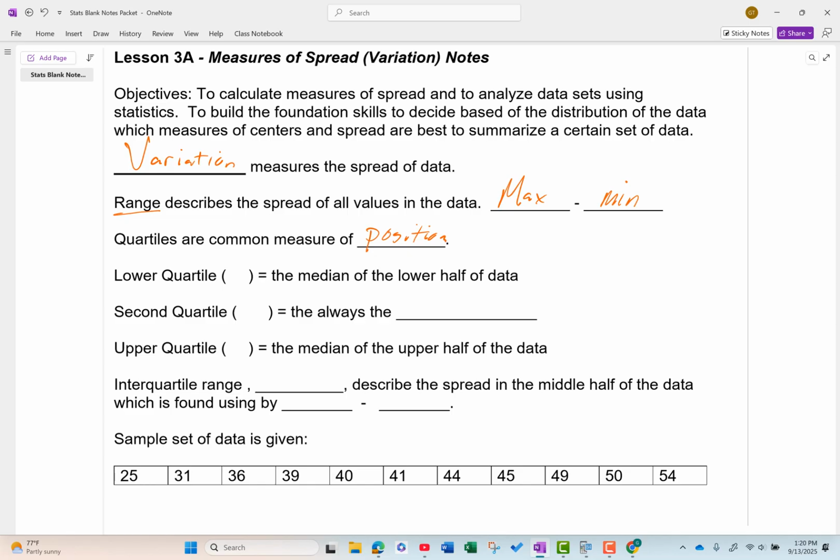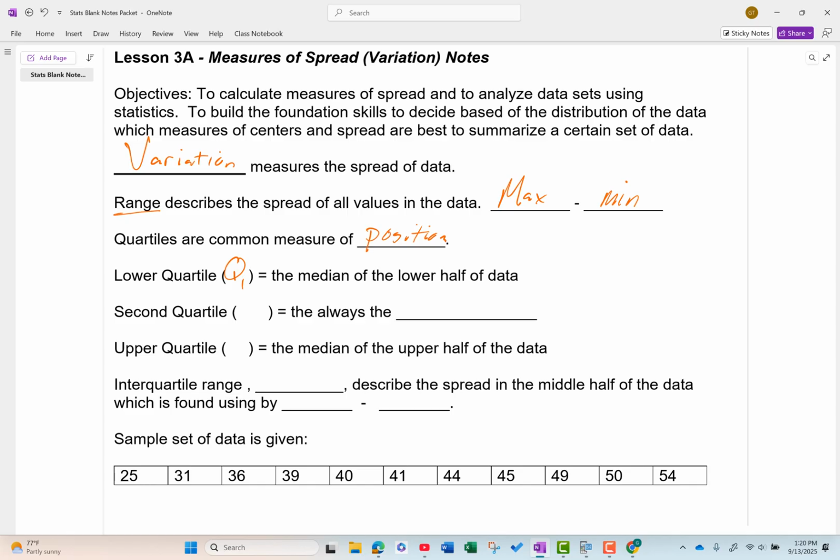The lower quartile is known as quartile 1, and by definition that is the median, or the middle point, of the lower half of the data. So if I cut it in half exactly, the lower half is the bottom half, and I cut that in half, that half point is quartile 1 or Q1.